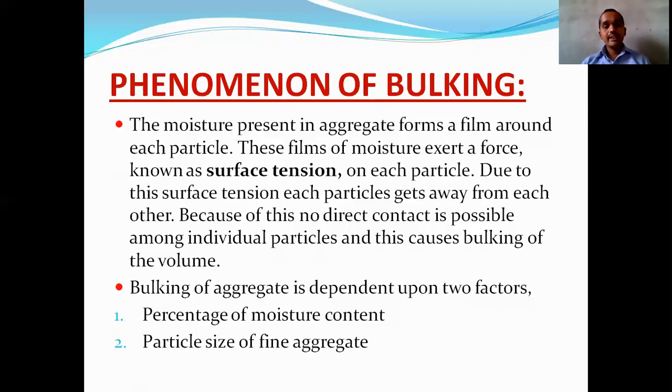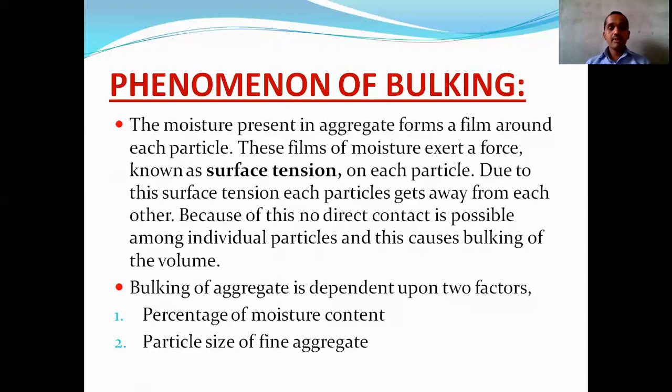But if the aggregate is coarse, then due to the larger size the film breaks, and it will show minimum bulking of the volume. That is, due to the formation of the maximum layers or films in a fine sand, it shows more bulking than the coarse sand.